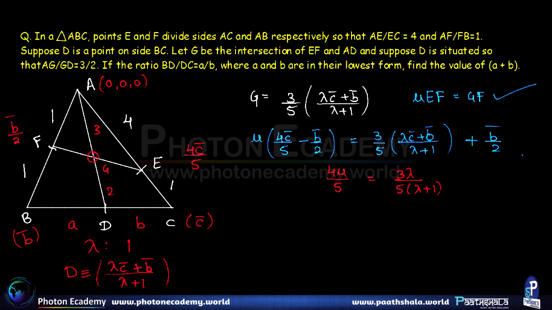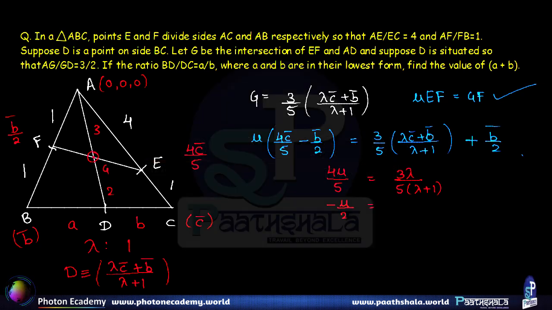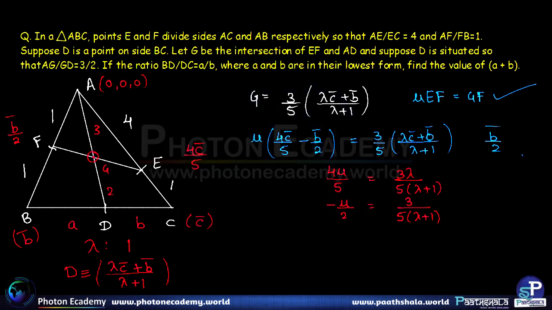And the next equation is equating the coefficients of B, so that is minus mu upon 2 is equal to 3 upon 5 lambda plus 1, and it should have been a minus B over here, not plus B. So this is minus B, and here we have minus 1 by 2.